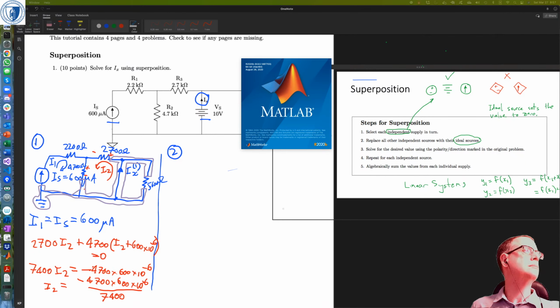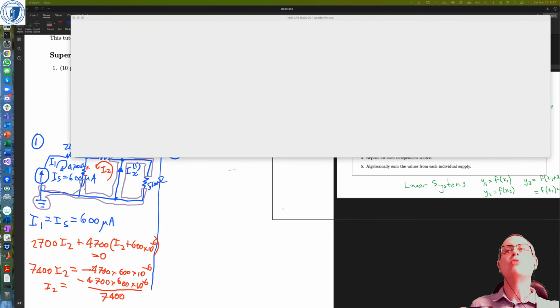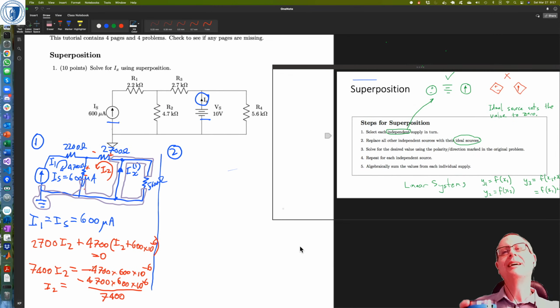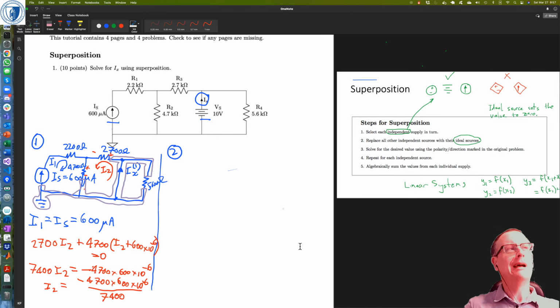What was throwing me off with this one was I wasn't sure if I was supposed to put a third loop on the last one. Right, and like I said, that's certainly confusing, right?